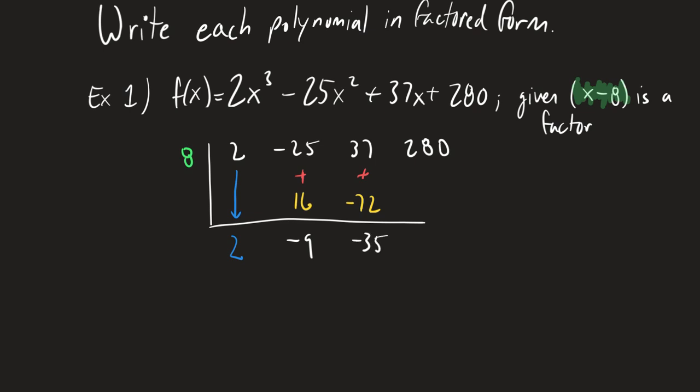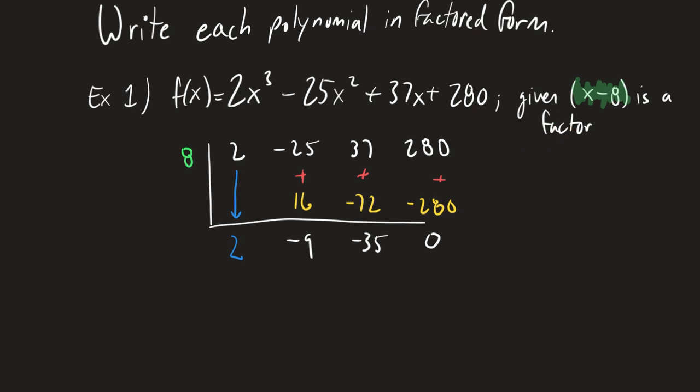And then times 8. So 8 times negative 35 is negative 280. Well, that's convenient. Negative 280. Of course, we should have known that was going to show up anyways, because how else were we going to get 0 there? And we knew we needed 0 because we were told that was a factor. So remainder of 0 means that this is a factor.